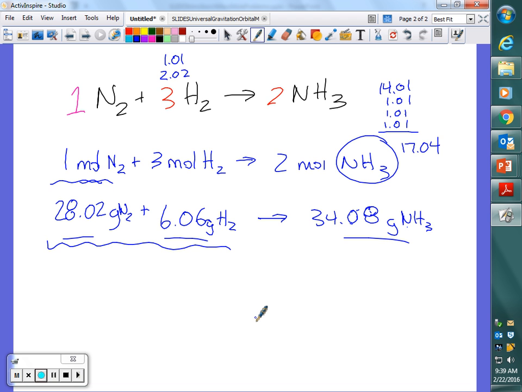Does that make sense? You can't compare grams to grams, but you can compare moles to moles, because when we're doing moles, we know we always are talking about the same number of things. Does that make sense? Okay, good.